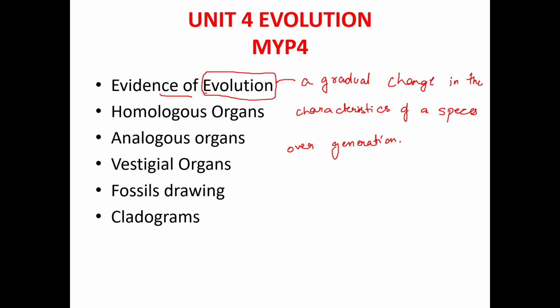These changes happen through processes like mutation. We already discussed what mutation is. Right, so mutation, natural selection, and survival of the fittest. So it's the topic covered in our previous class.